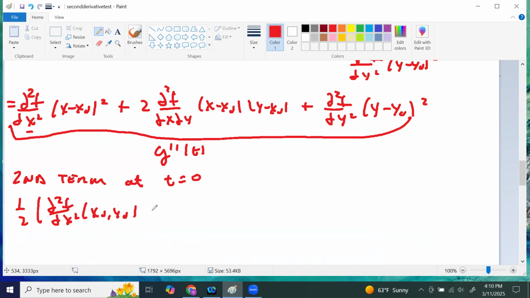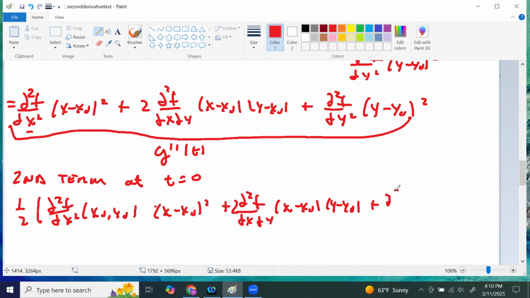Oh, there's a square here. And we're just writing this down. And there's a 2 because there's 2 of them. And then there's a single one here.